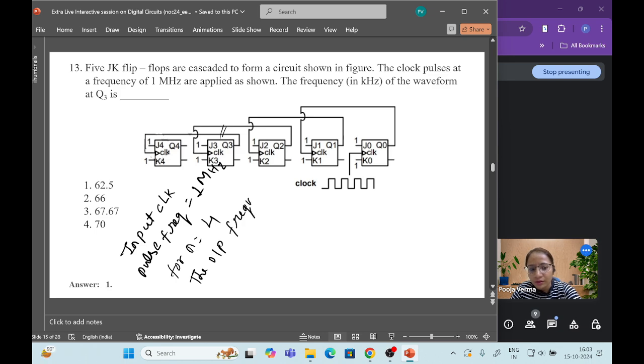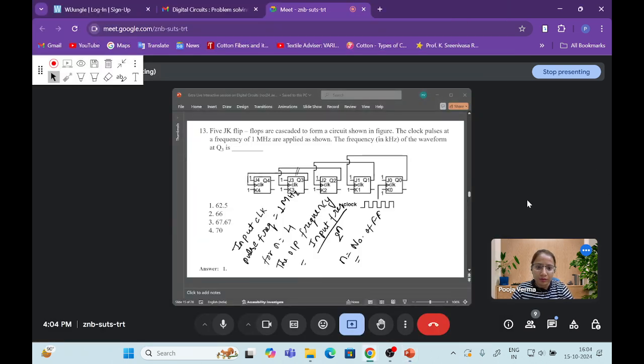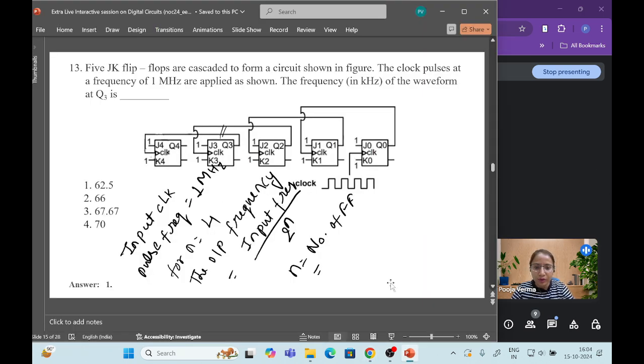Frequency is calculated by input frequency divided by 2 to the power n, where n is the number of flip-flops.